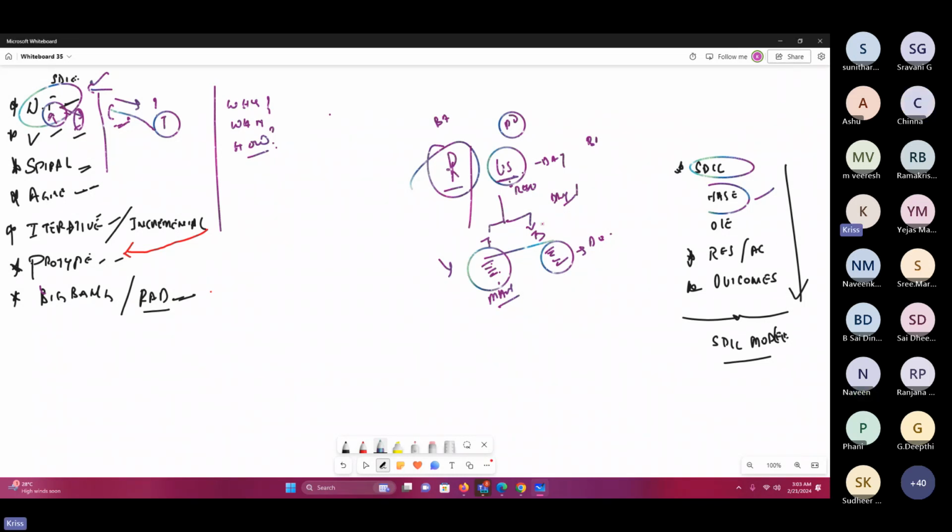Understood. When you go through these different models in detail, as I'm telling you, we have different SDLC models. As part of agile, we have BDD, behavior driven development, TDD, test driven development, and ATDD, acceptance test driven development.